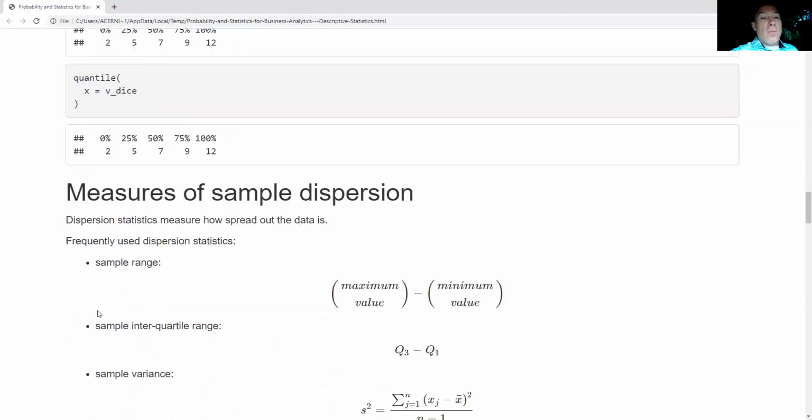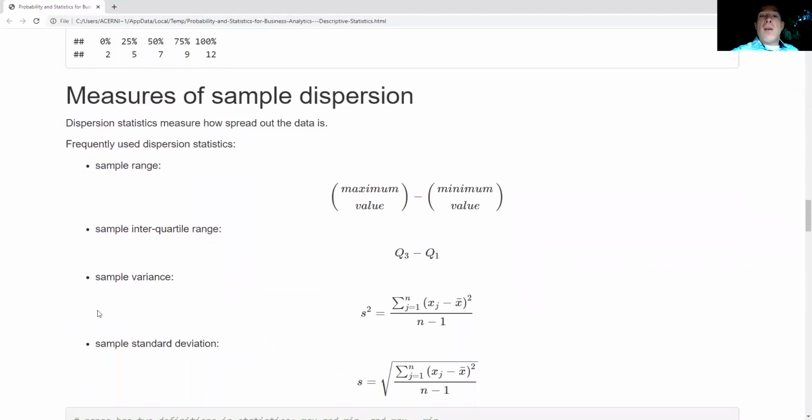Now let's look at sample dispersion. I want to know how spread out my data is. A good way to start would be the maximum value minus the minimum value, so I can see the entire length that covers my data set. It's conceptually easy.